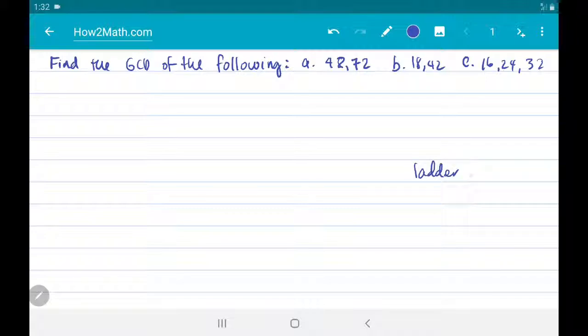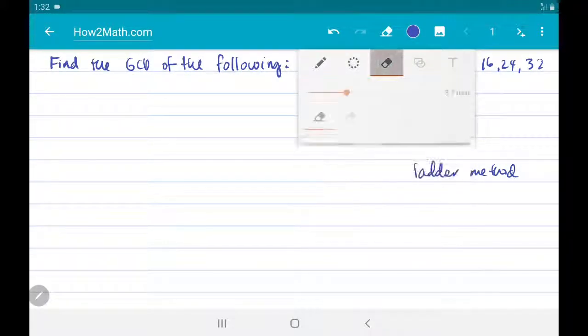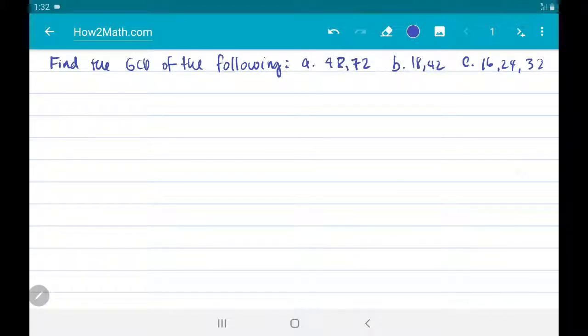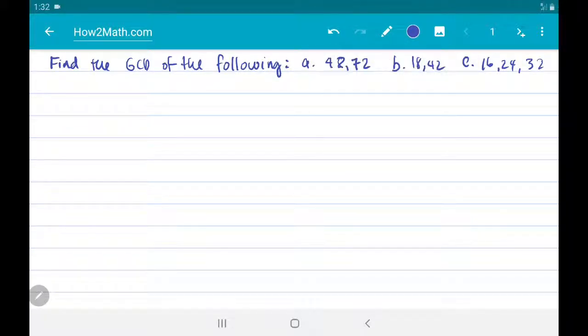Now, if you've watched our series on LCM, then this will be very familiar. To use the ladder method, we write the numbers and then draw ladder-shaped lines.